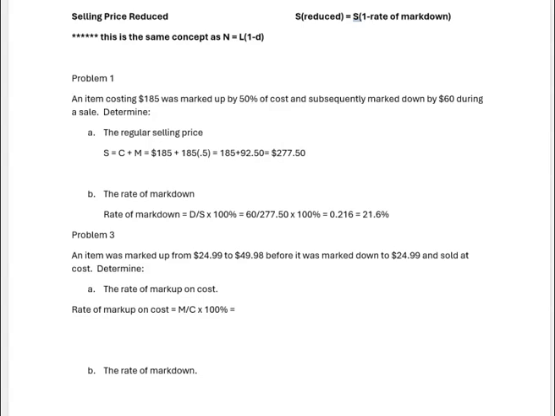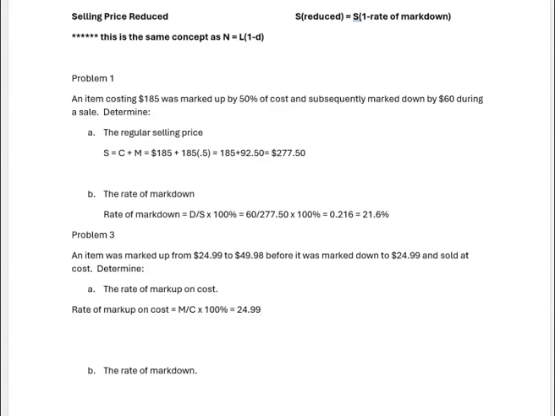So if we do $49.98 minus $24.99, that tells us that the markup was $24.99, because it cost us $24.99 and we sold it for $49.98, so the difference between the selling price and the cost is the markup.